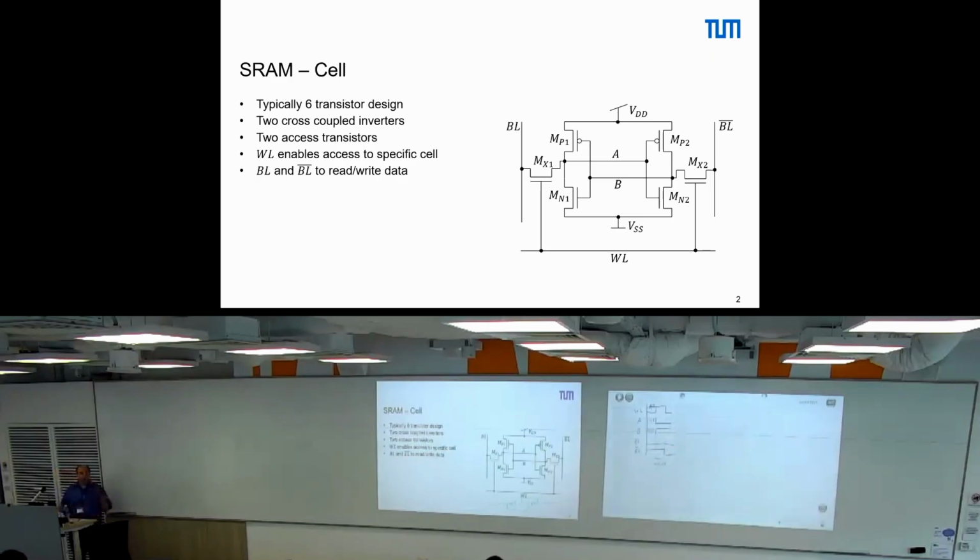Now the proposal for read was to put the bitline and bitline bar both to 0. So what happens if I now enable the word line? Bitline bar is the right side.